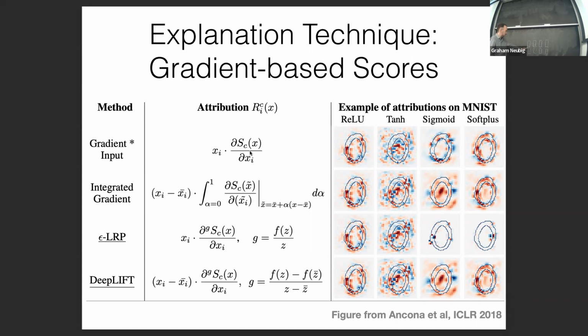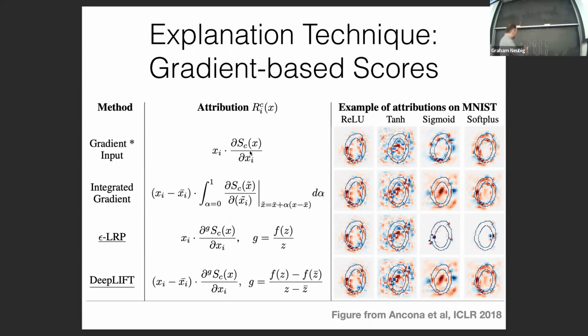Based on this, we now have a gradient, and we have the actual value of the input. There are a couple things we can do here. One thing we can do is take the norm of the gradient. Basically what we're saying is if the gradient is larger, then it's more likely that this had an effect on the output.